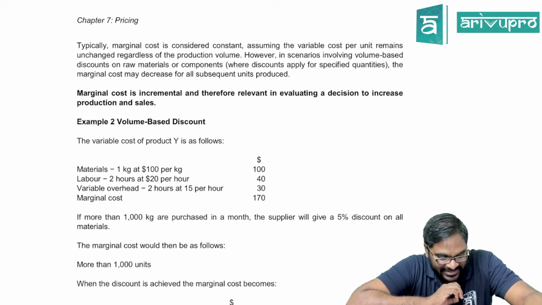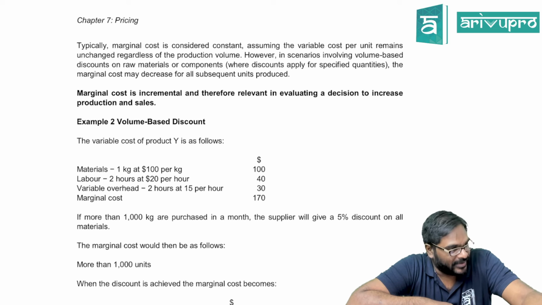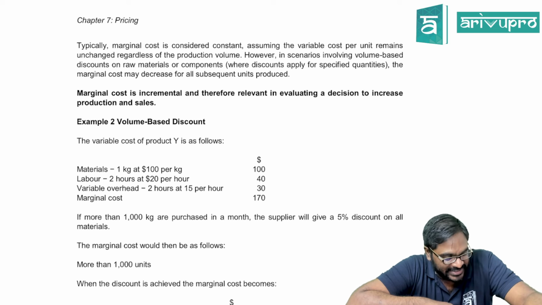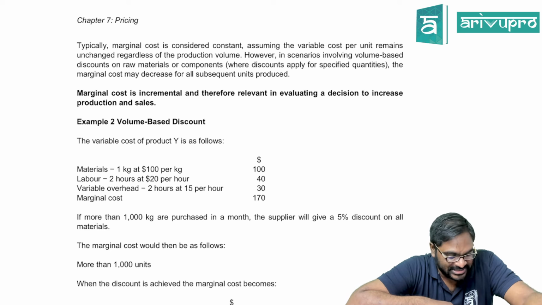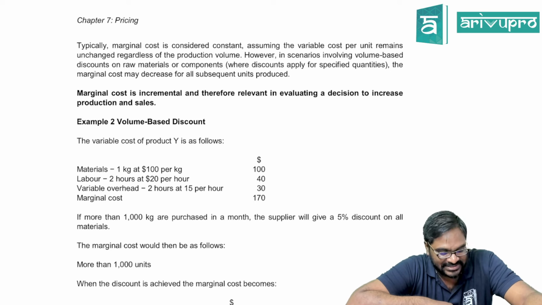So then we have another illustration. Variable cost for product Y is given. Materials 1 kilogram at 100, total is 100. Labor 2 hours at 20, so the total cost is 40. Variable overheads 2 hours at 15, so it's 30. Marginal cost is 170.